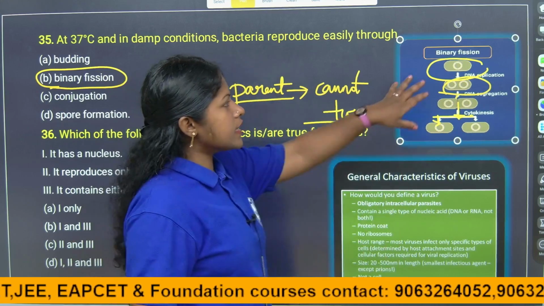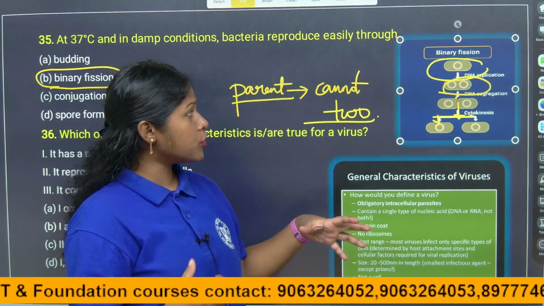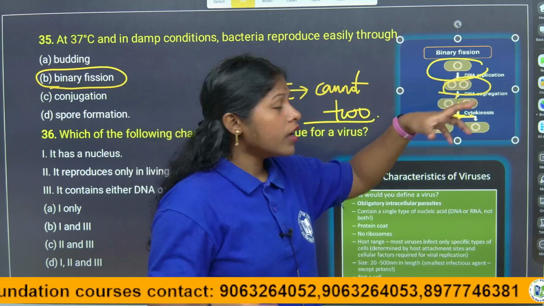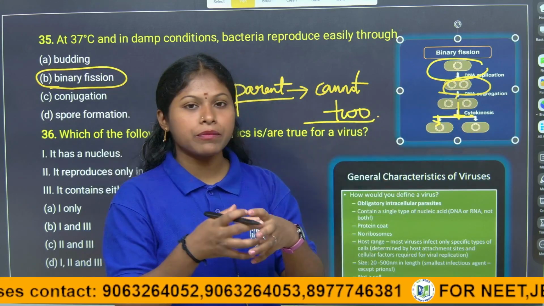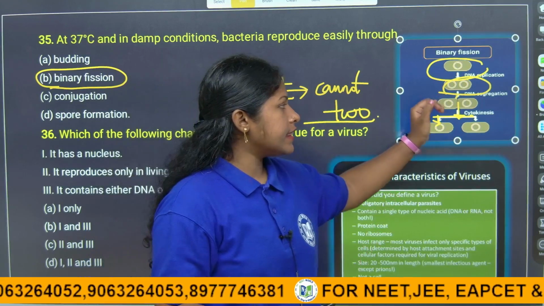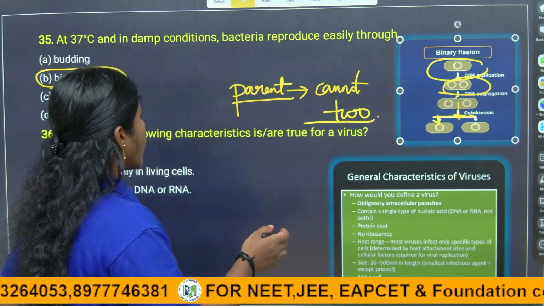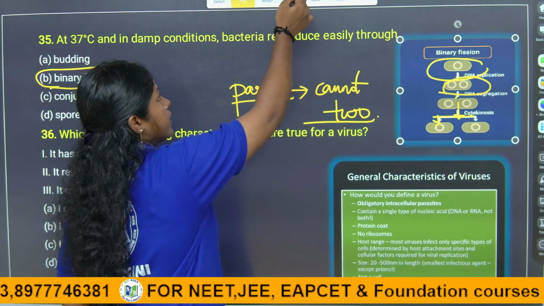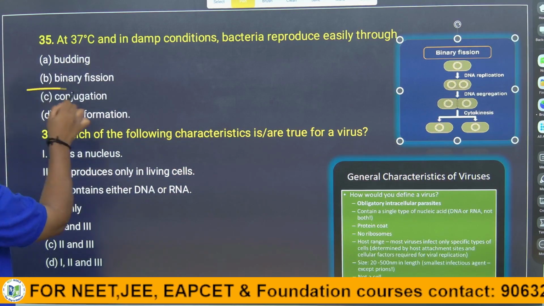Once the bacteria wants to reproduce, what will happen, children? It becomes twice in amount. After that, it copies its DNA and then it divides into 2. So here one parent gives rise to 2 individuals. That is binary fission, children.